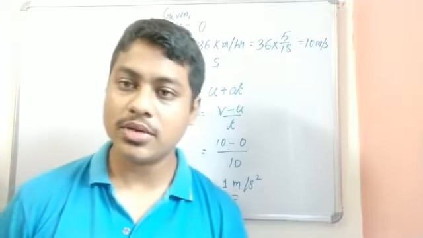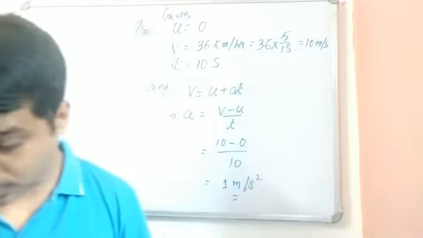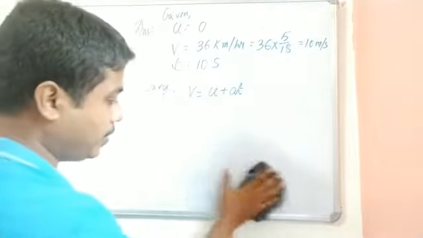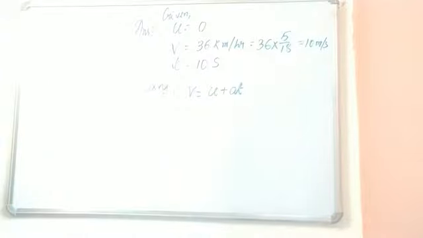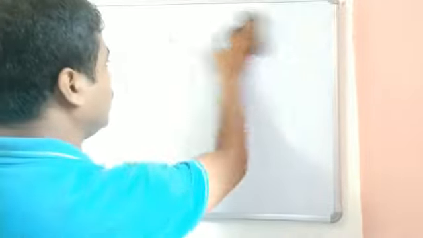You can see the next question on the screen: a bus at rest accelerates uniformly to a velocity of 54 km/h in 20 seconds. How much distance is traveled by the bus in 20 seconds? In the question, what are the given parts?